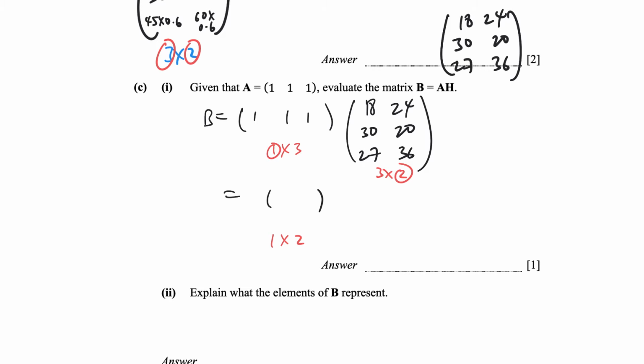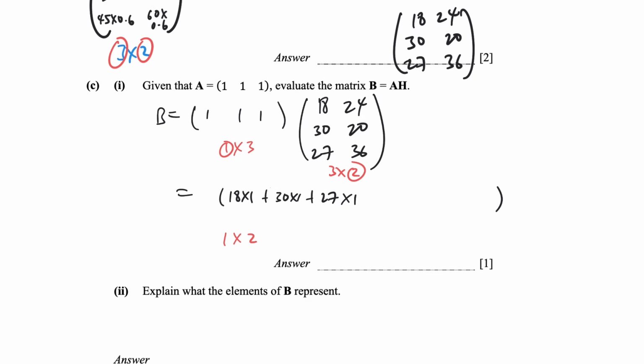So I'm just going to create more space over here. The first element is basically first row, first column. So it's going to be 18 times 1 plus 30 times 1 plus 27 times 1. And then the second element here is first row, second column.